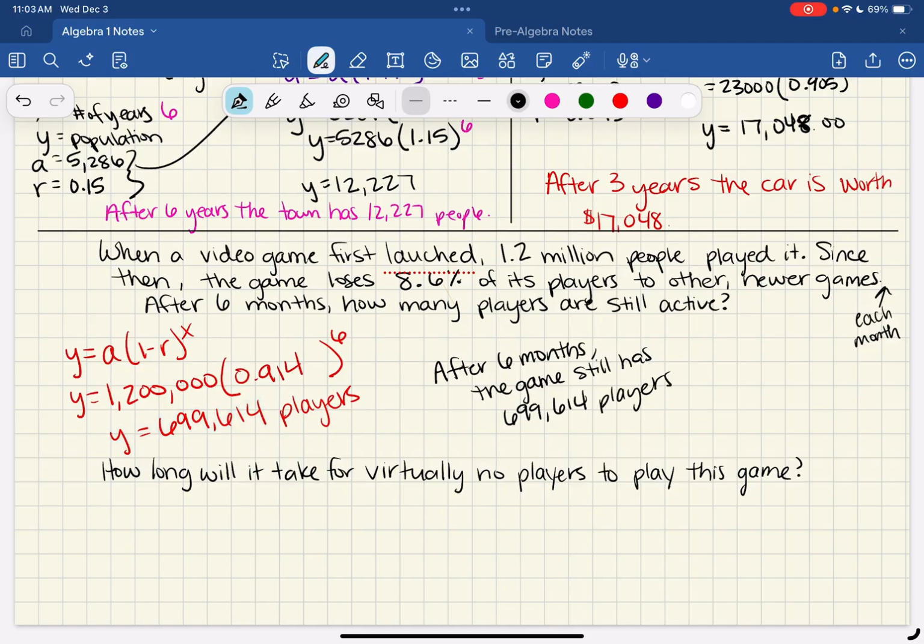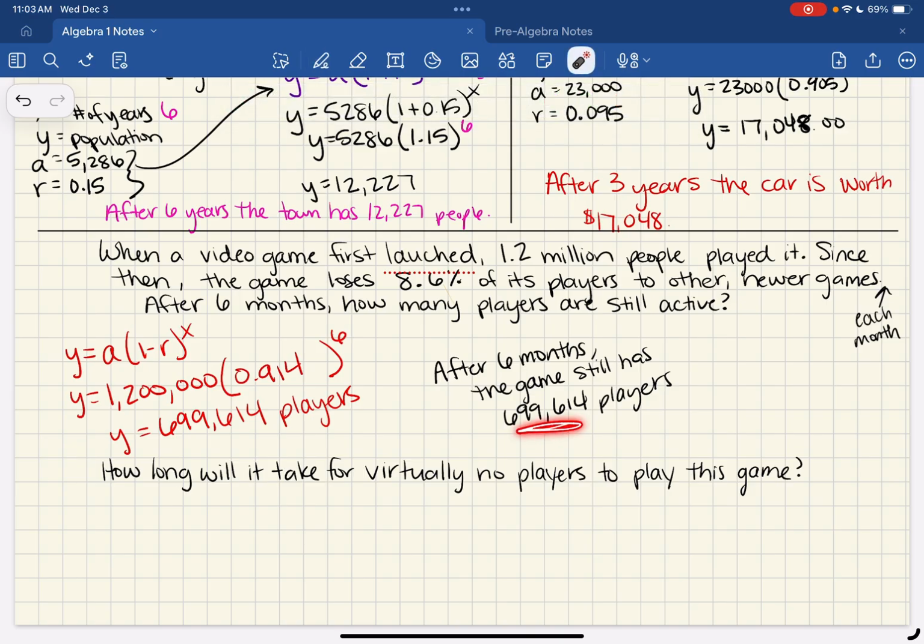Could we have also said has almost 700,000 players? Yes, because is this going to be a perfect number? Probably not when we're dealing with this, but it's going to be very, very close.